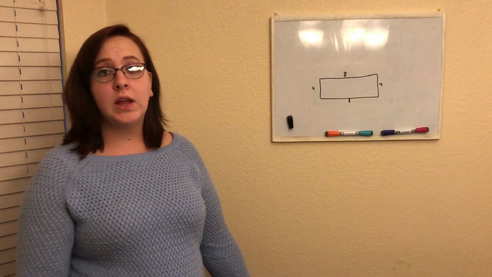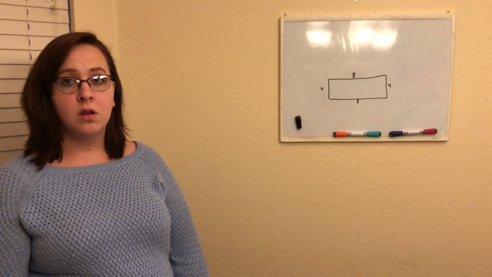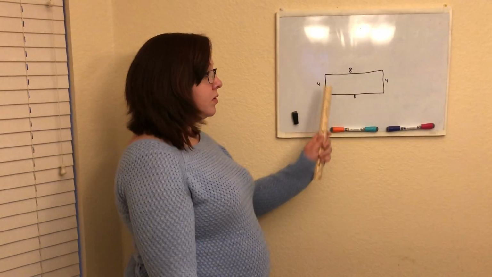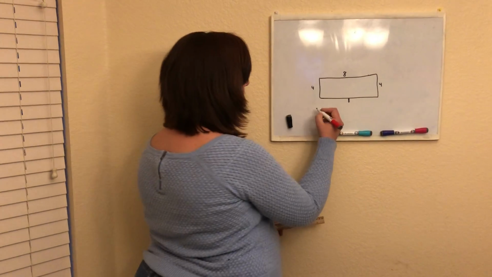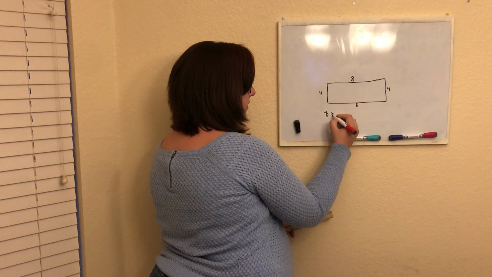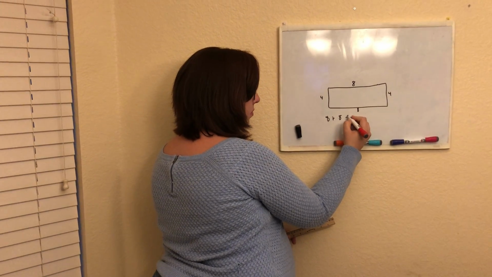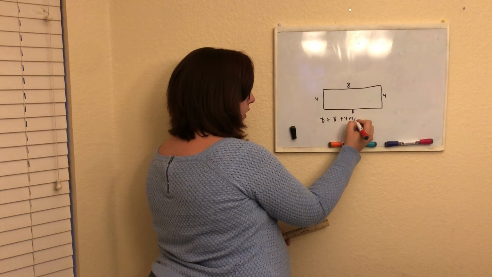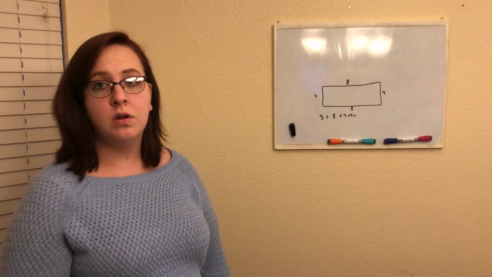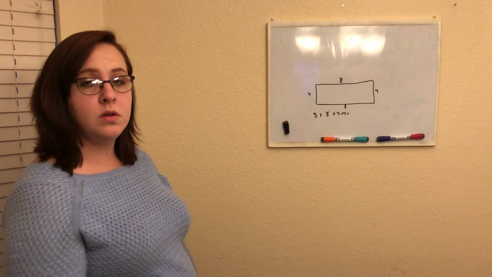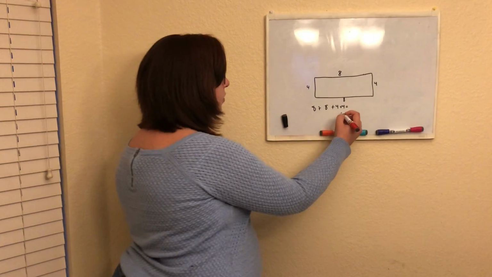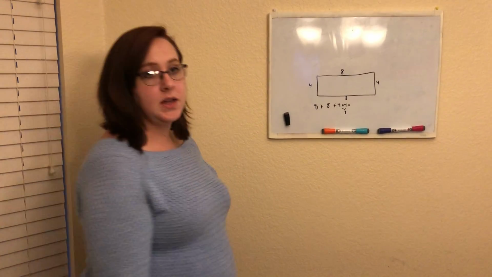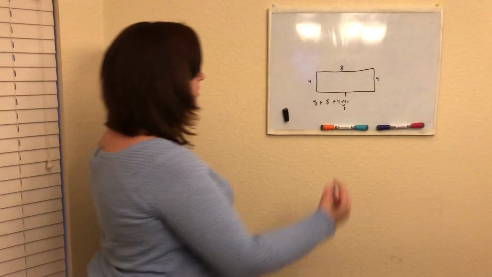So how do you think we would get the perimeter? We would get it by adding the sides. Good job. So the perimeter would be 8 plus 8 plus 4 plus 4. What does that equal? Well, what does 4 plus 4 equal? 8. Okay. What is 8 plus 8? 16.